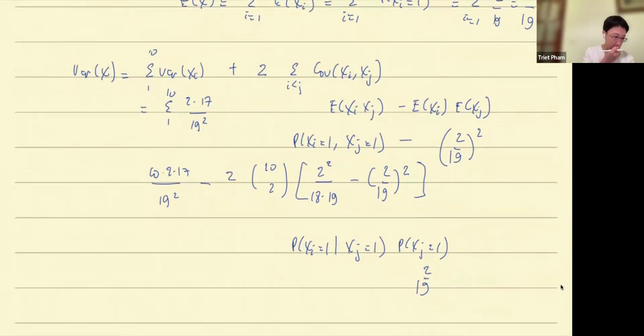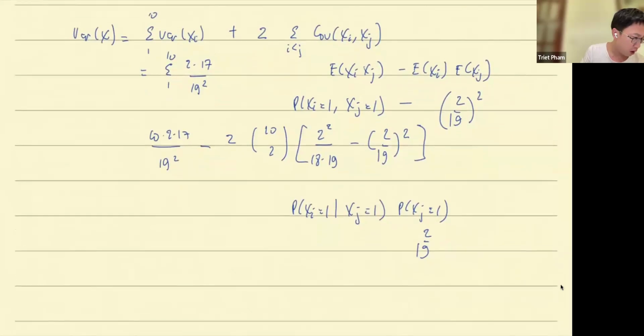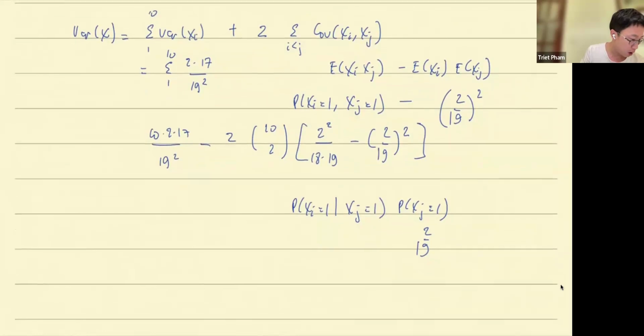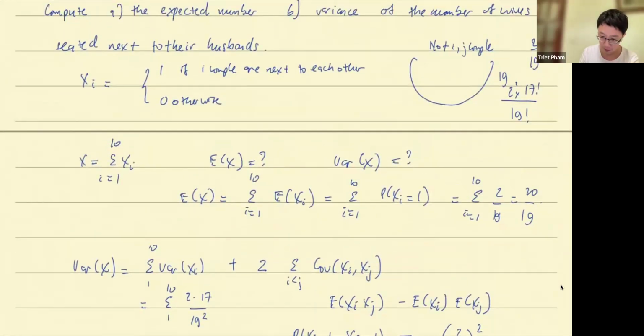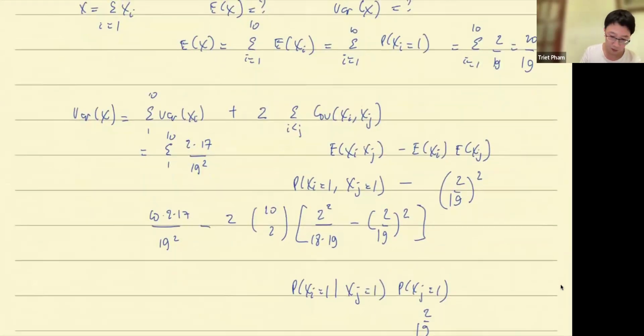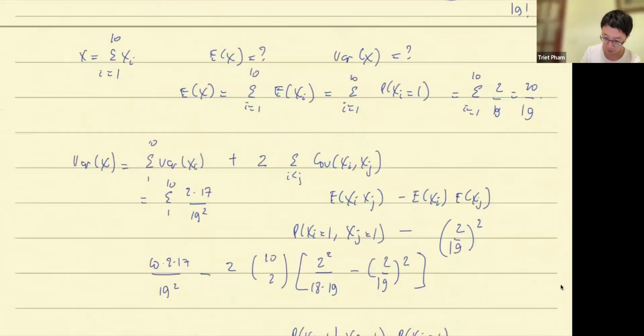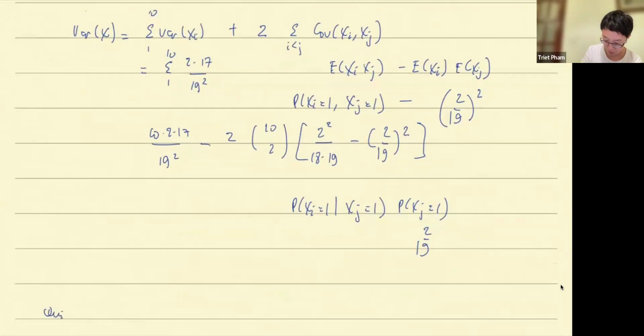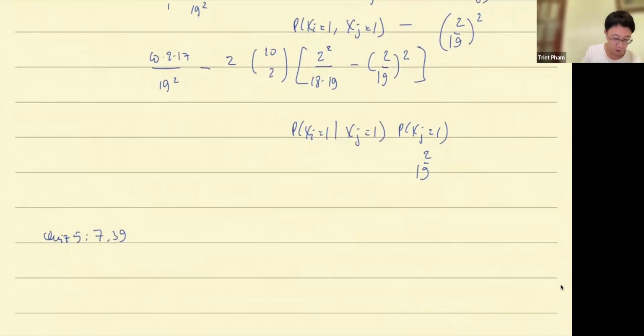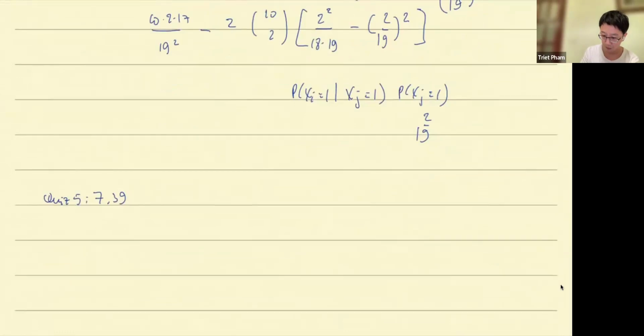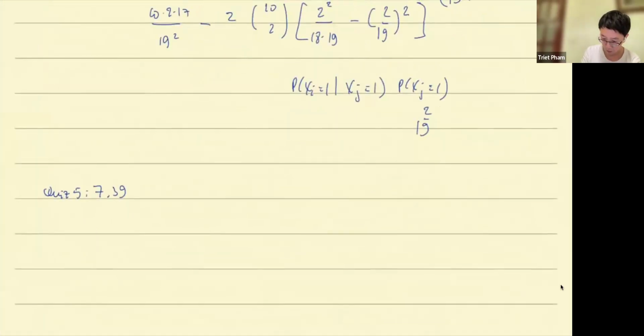All right. Okay, last question here would be, what question was it? Oh, 7.39, right? Quiz 5. So 2 balls are removed randomly, right?